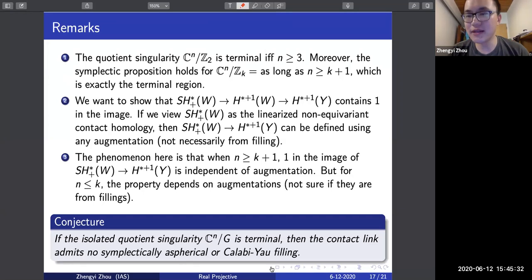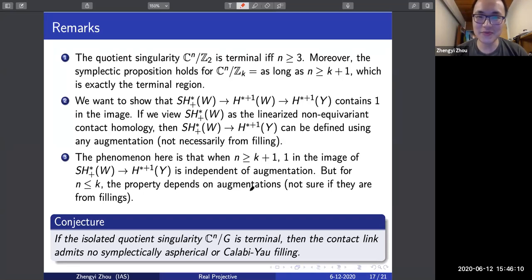So one thing you can do is if you restrict the filling, that is, if you assume your filling has a Z grading, then the condition is like you can use the asymptotically dynamically convex condition defined by Oleg Lazarev. So if you have this condition plus you have one filling where one is in the image, then for everything, one is in the image. So the phenomenon there is you only have one Z augmentation, and the map is independent of the filling.